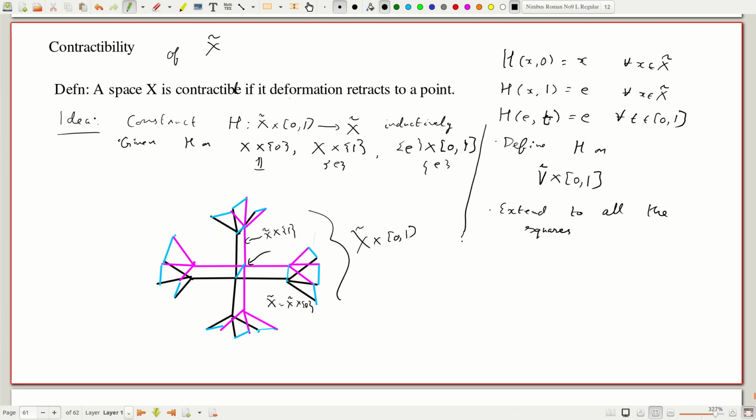Let's just recall for this setup what the vertex set is.